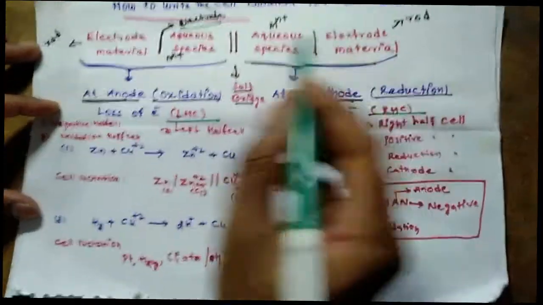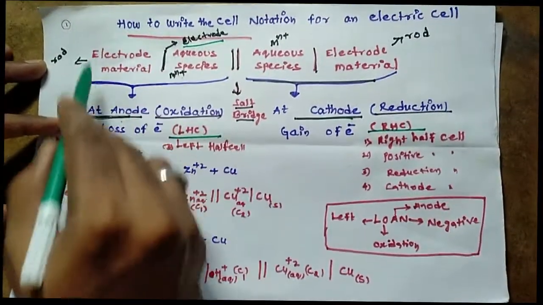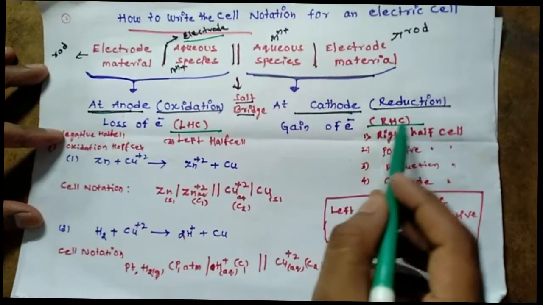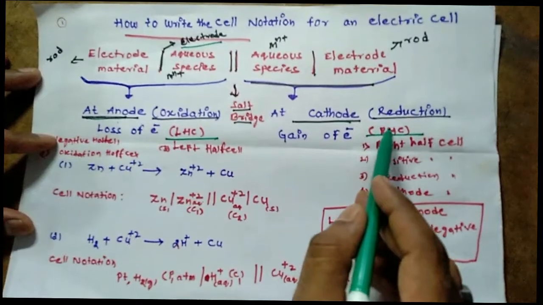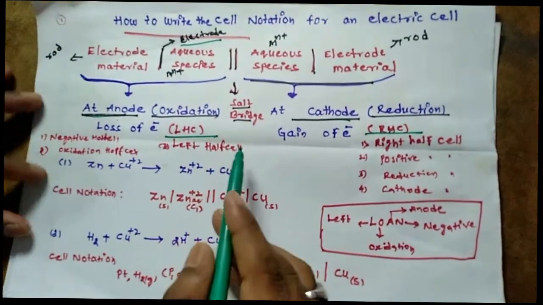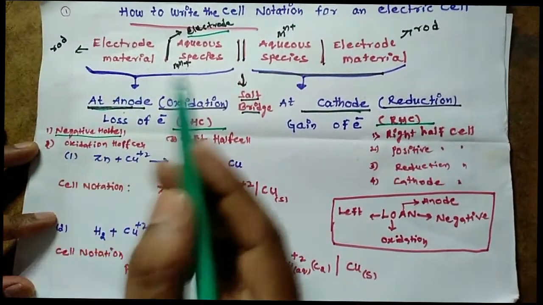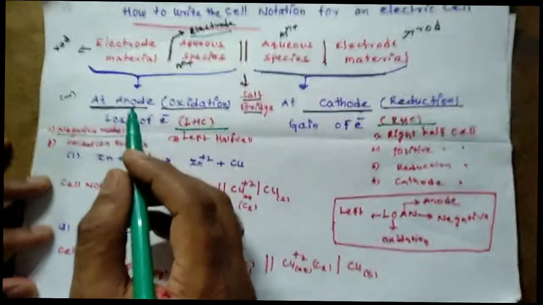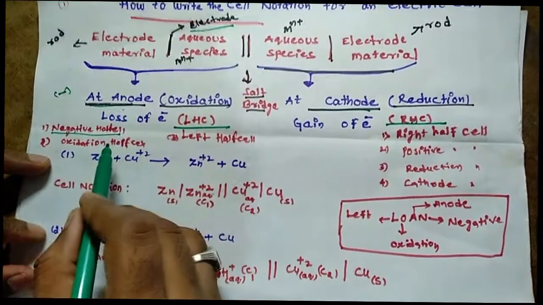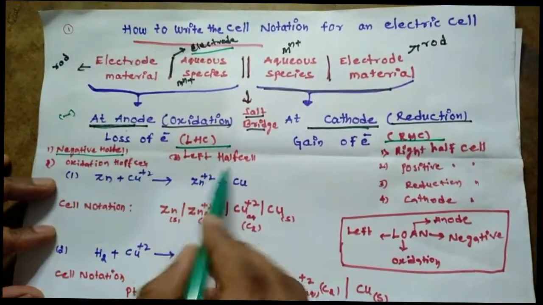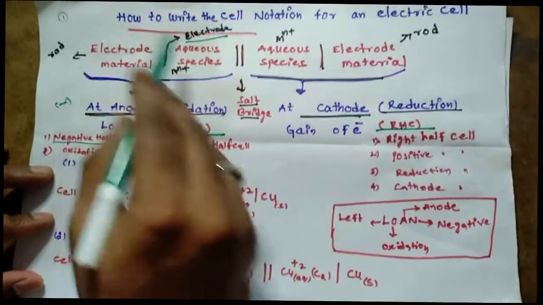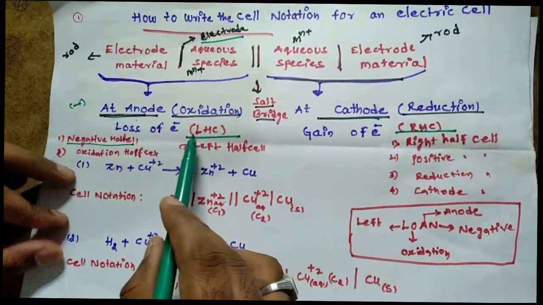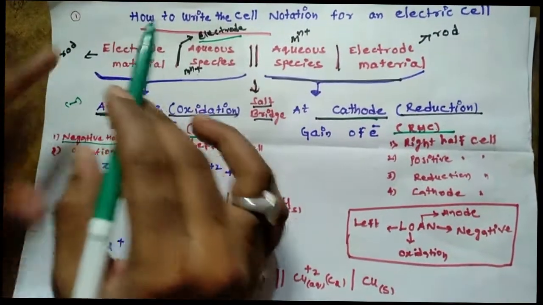So this is the oxidation half cell, this is the reduction half cell. The left half cell is negative. Anode indicates the negative, so that is why the left half cell is negative. This is the oxidation half cell, the left half cell, on the left hand side. Okay, clear? This is the left hand side.